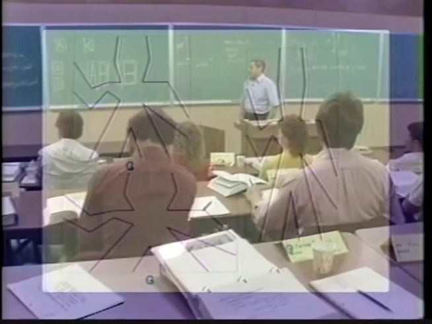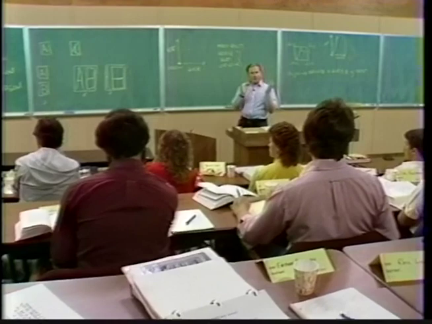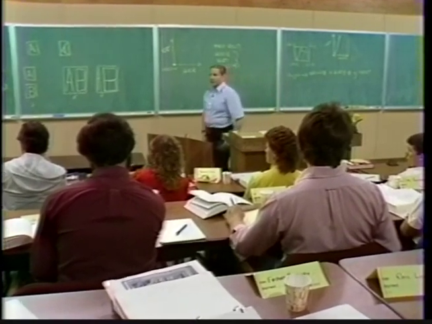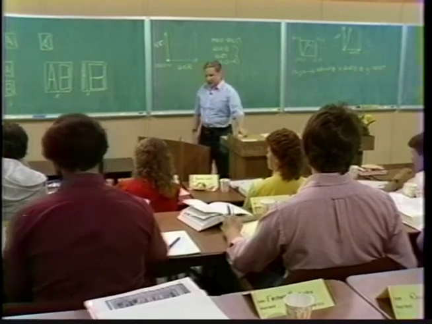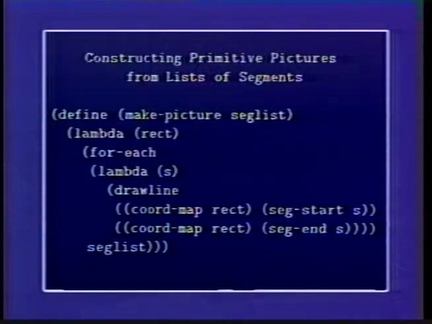Well, how do we actually get a picture to start with? I can build a picture out of a list of line segments initially. Here's a procedure that builds what I'll call a primitive picture, meaning one that didn't come out of something like side or rotate. It starts with a list of line segments. And now it does what I said. What does a picture have to be? First of all, it's a procedure that's defined on rectangles.